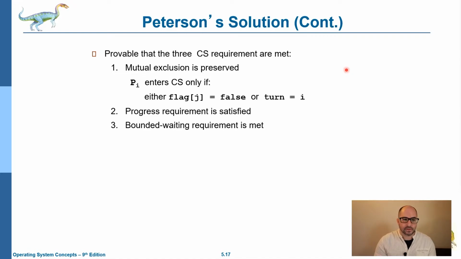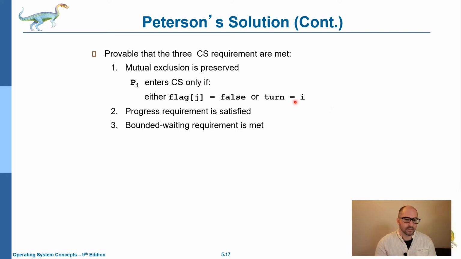So we can show that Peterson's solution matches our three criteria. Mutual exclusion is preserved, and that is by our condition on our while loop: process I enters the critical section only if the other process is not interested in the critical section, meaning it's set its flag to false or it's never entered, or if its current turn is given to process I. So process J may be interested in entering its critical section, but if it's not process J's turn, then it is process I's turn.